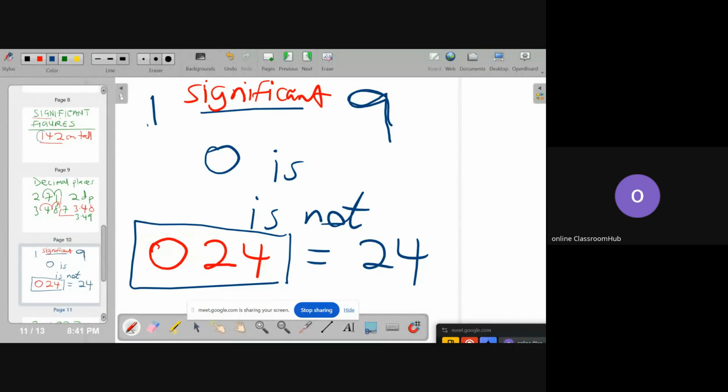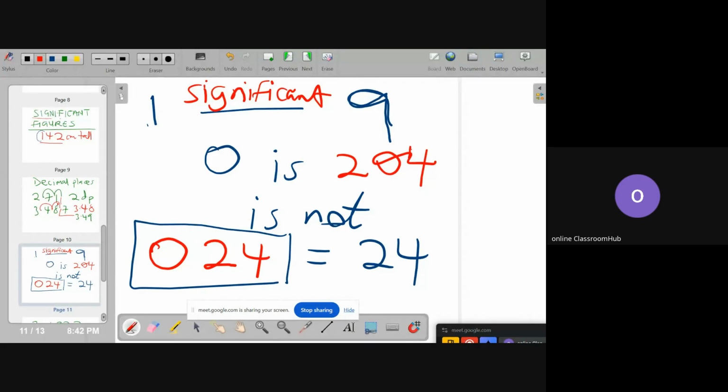So in this case, the 0 is insignificant. It didn't add any value to the number 024. But in the same way, if you have 204, we all say 204.